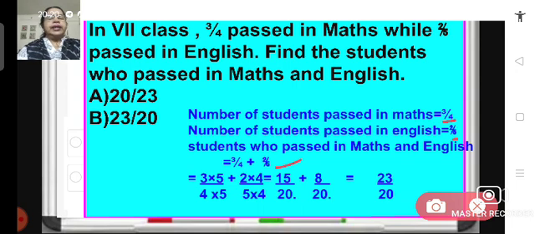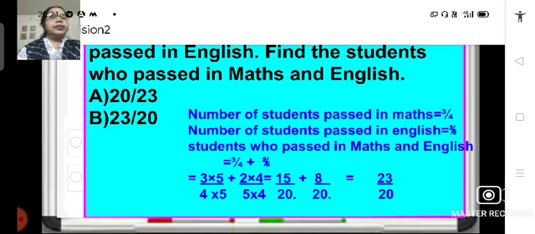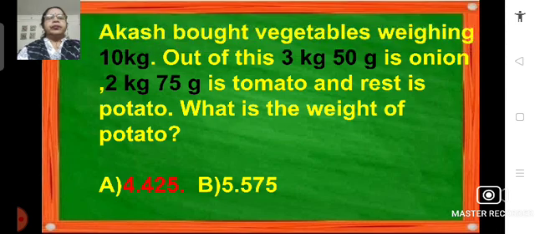The LCM of 4 and 5 is 20. So we will multiply 3/4 by 5 and we will multiply 2/5 by 4. What do we get? We get 15/20 plus 8/20. When we add these like fractions, we get 23/20. So the students who passed in maths and English are 23/20. Option B is the correct answer. Let's move on to the next problem.